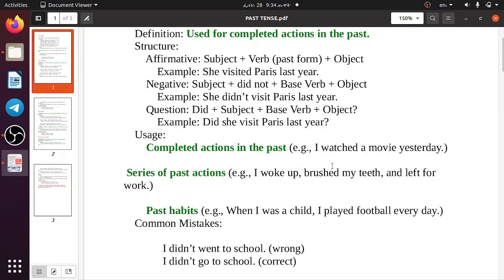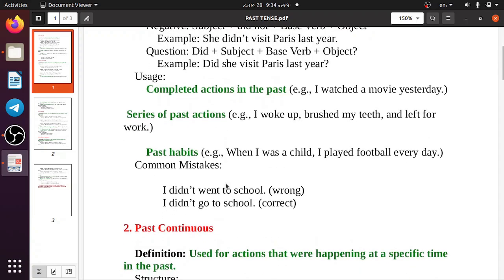I brushed my teeth and left for work. This is series of action. First I woke up, then I brushed my teeth, then I left for work. This is series of past action.